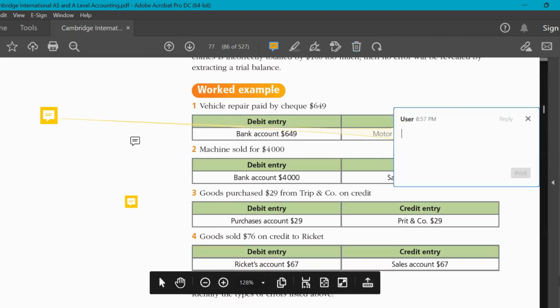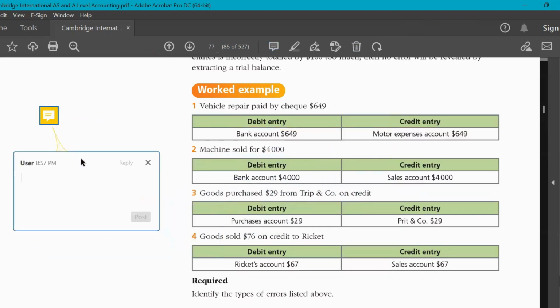Okay, next one, machine sold for 4,000. Okay. Machine sold. So you have sold the machine, and then you got 4,000. Okay, the entry shown here is the debit bank account 4K, sales account 4K. Now, what is the answer here?